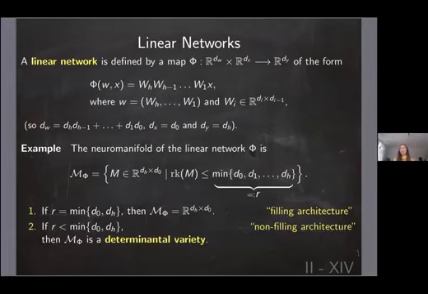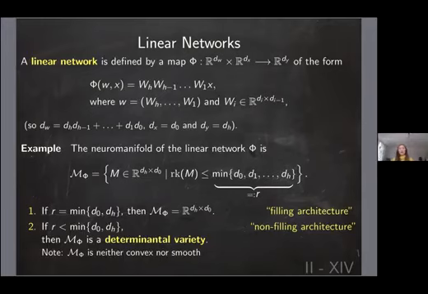I mean, this sounds like it's the same thing, but it's not really the same thing. Like I can understand and follow a proof and see, yeah, the proof is correct, the statement must be correct, but I can also understand it maybe in different ways. And then maybe many assumptions people make become clearer if you really understand why you actually need certain assumptions at certain places. So the first case we call the filling architecture, where the neuromanifold is just a vector space.